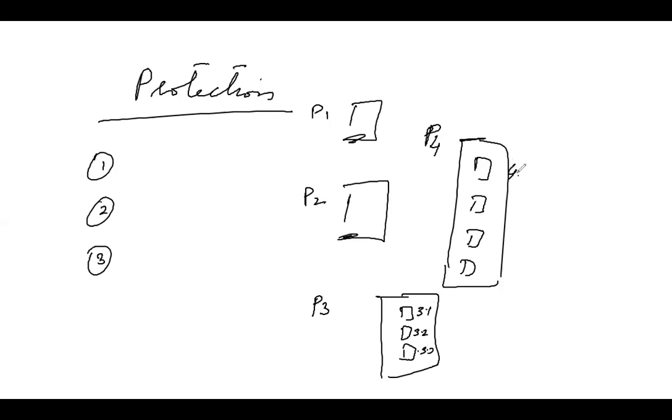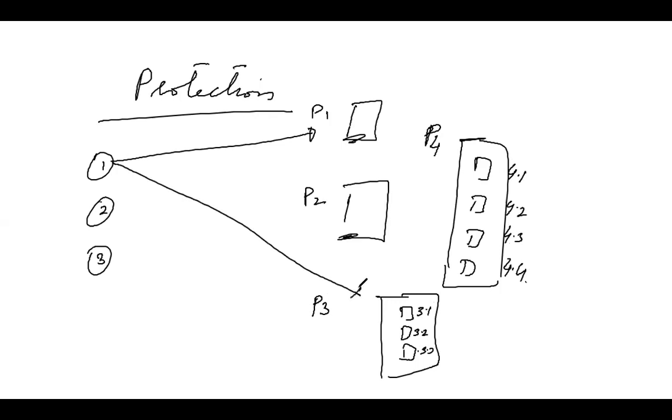So you have 4.1, 4.2, 4.3, and 4.4. So this object would be able to access program 1 and program 3, and you will further specify that it can have access to program 1 and then in program 3, to 3.1 and to 3.2.